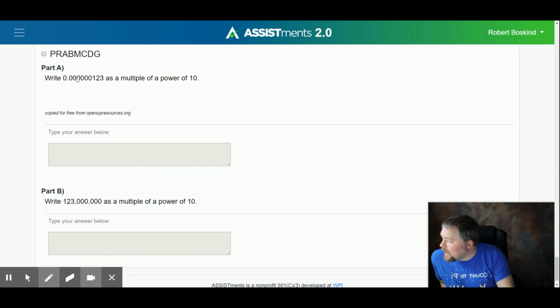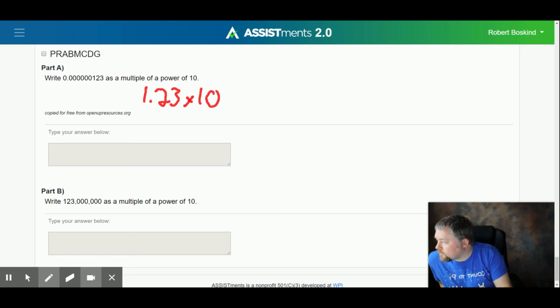If we have this, it says write this as a multiple of a power of 10. The easiest way to do these is always to think of one digit in front of where our decimal point is.